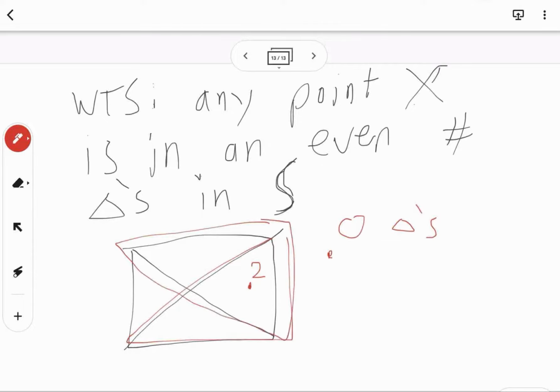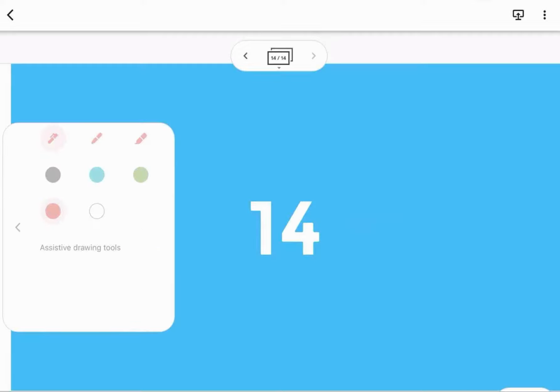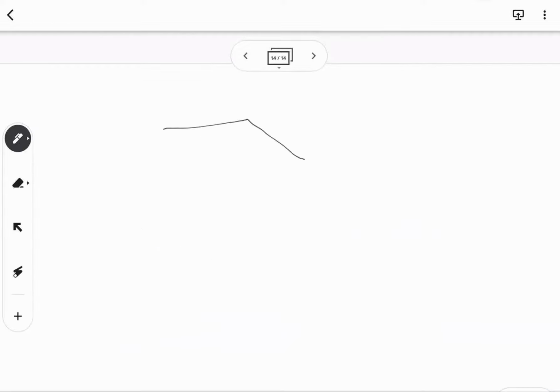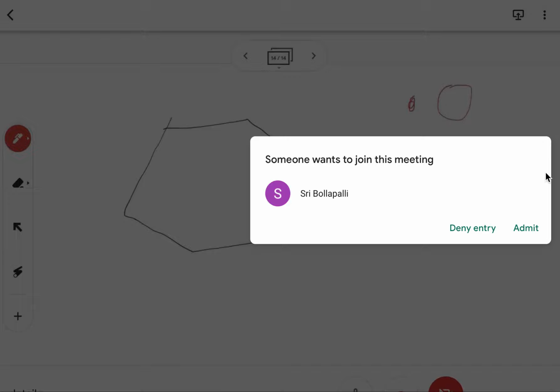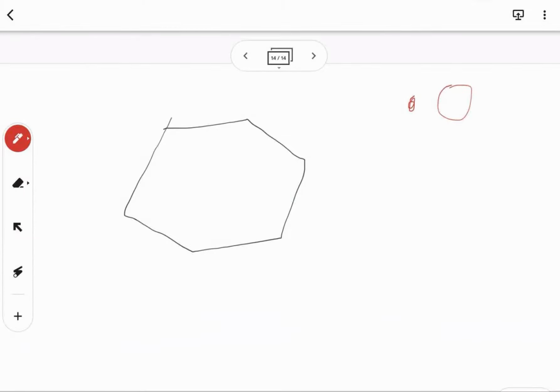Why don't we go to a hexagon? I guess the square example is not actually too helpful because it's just too obvious. Anyways, the point outside is always 0, right? Let's draw a point here.